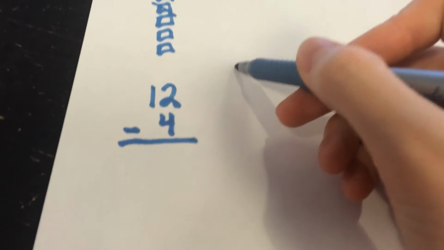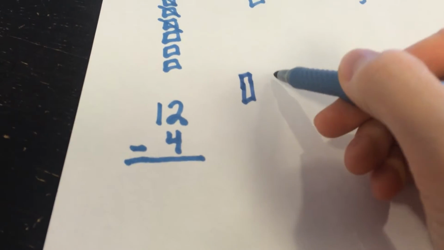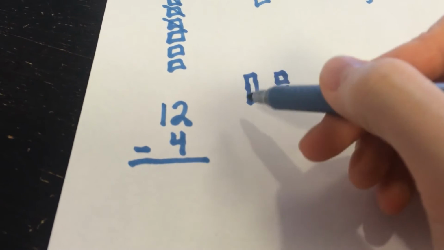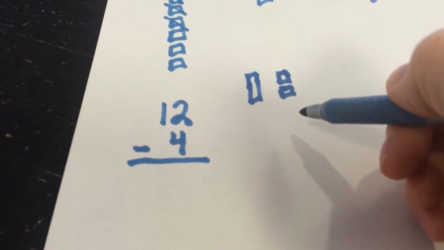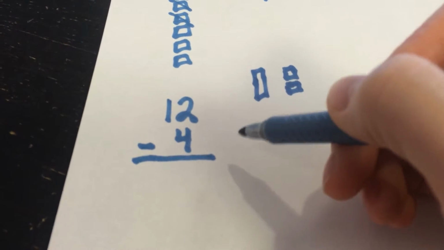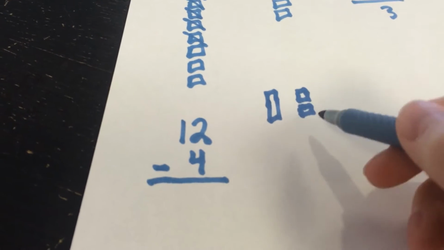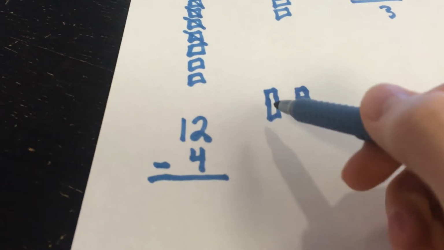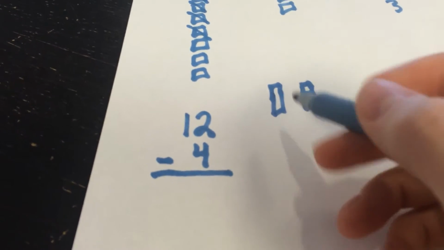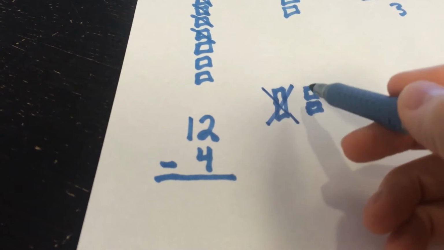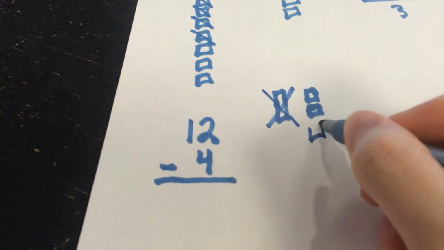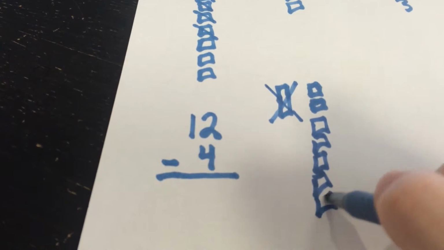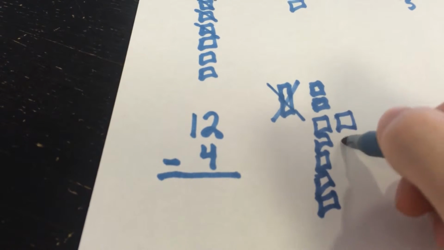So essentially, with 12, we have 1 rod and 2 mini cubes. Now, a rod is equal to 10 mini cubes, and we have 4 mini cubes that we need to take away from this. So, what you want to do is imagine breaking up the rod. We're going to break up that rod. And out of that rod, we're going to make 10 more mini cubes.